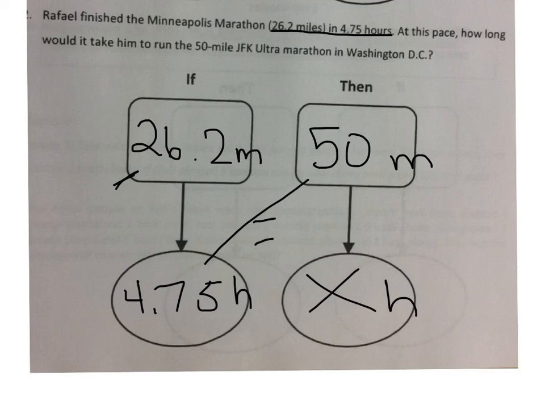And the answer I get is 9 point, it's really, really long, so I'm going to round to the thousandth: 9.065. It was a 6.4, but the next number was an 8. So that's how many hours it would take him to run. 9 hours of running would be pretty long.